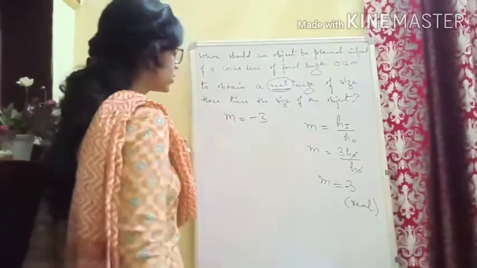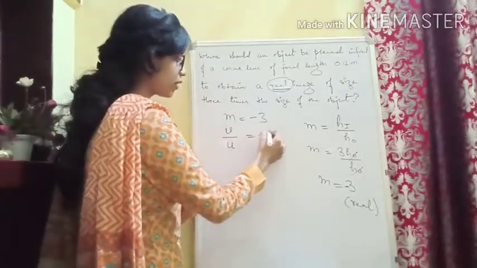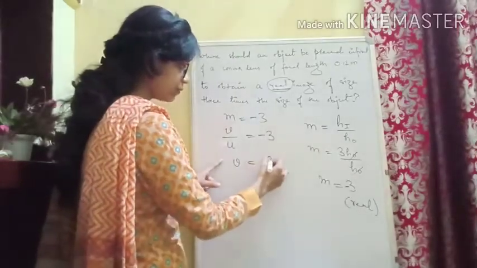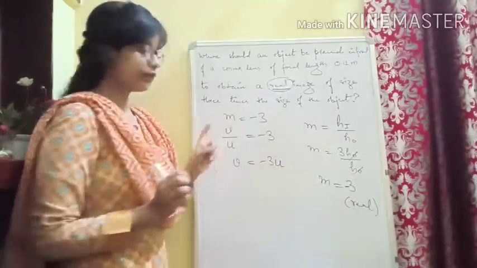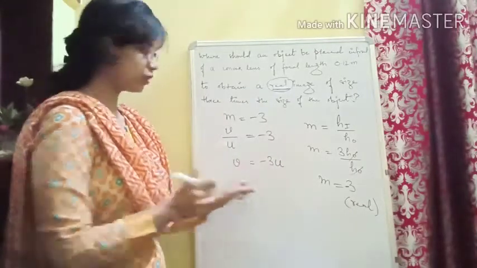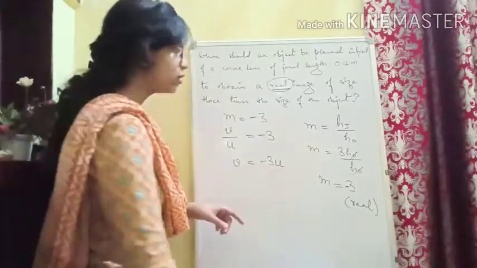Also we know that M is V upon U, equals minus 3. Now V in terms of this will be minus 3U. If we take U to the other side, V equals minus 3U. That means we have got a relation where V equals minus 3U.